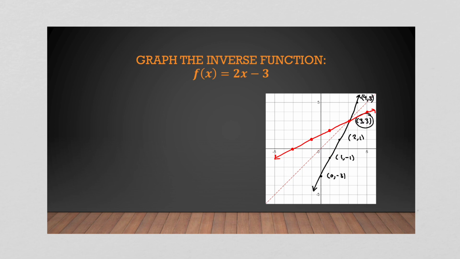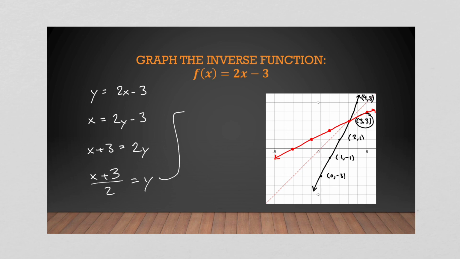So what we'll do is let's look at it algebraically and see if that works. So y equals 2x minus 3. So x equals 2y minus 3. x plus 3 equals 2y. x plus 3 over 2 equals y.